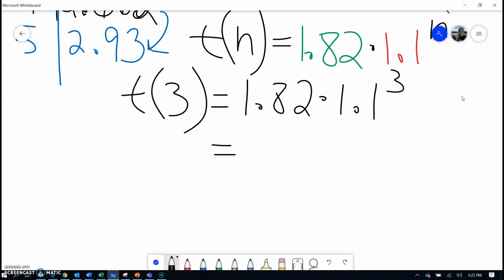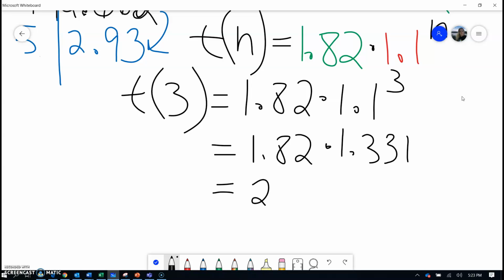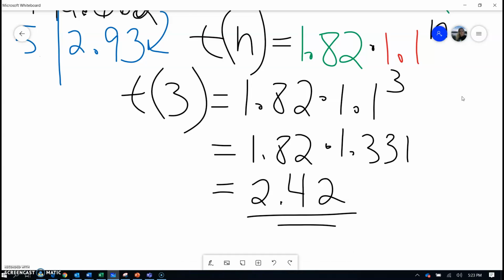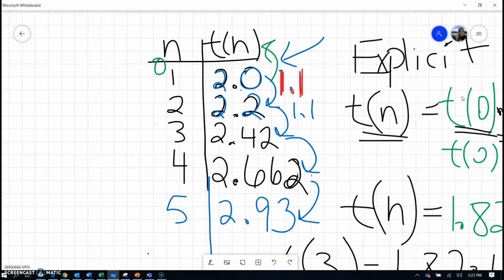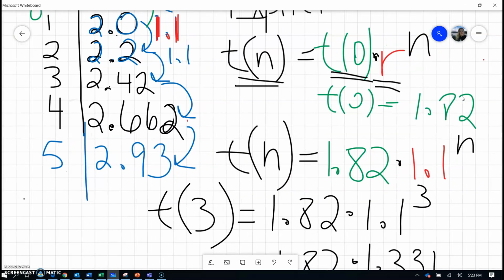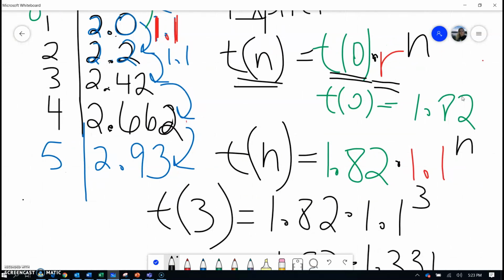If we put that in our calculator, we know that it becomes 1.82 times 1.331, and then we multiply those two numbers in our calculator, and sure enough, we get 2.42. That should look familiar because there it is, 2.42, right here. So there's our explicit.